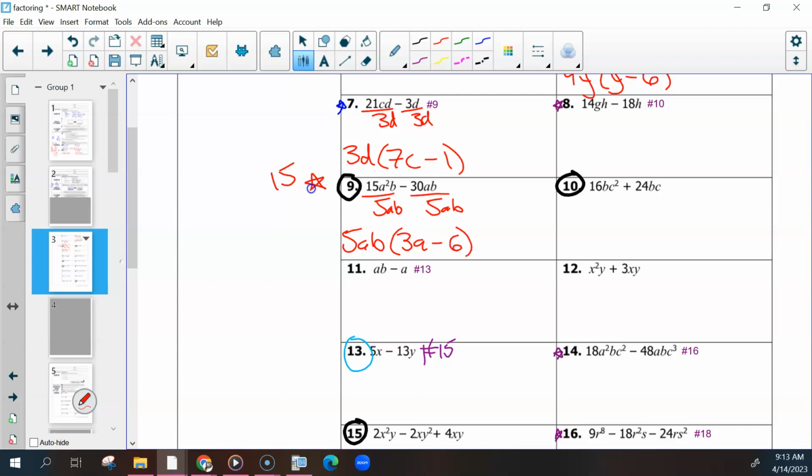So if you look on the inside, could we divide something else out of those two? Yes. That's how you know you probably didn't pick the highest number. So we could divide these both by 3. So that 3 you would bring out and multiply to the original and change the inside.